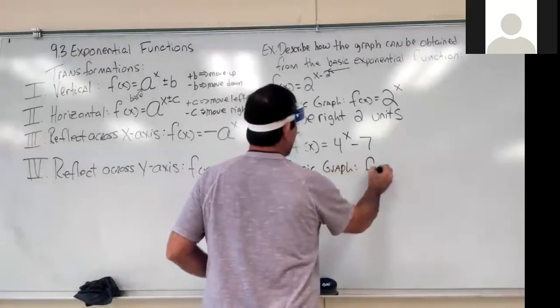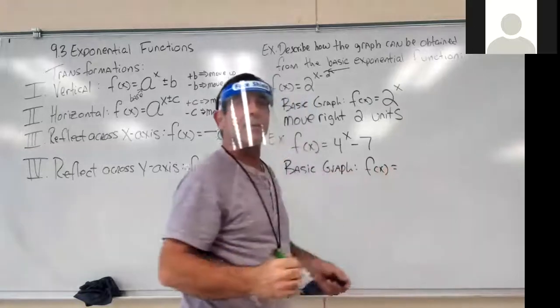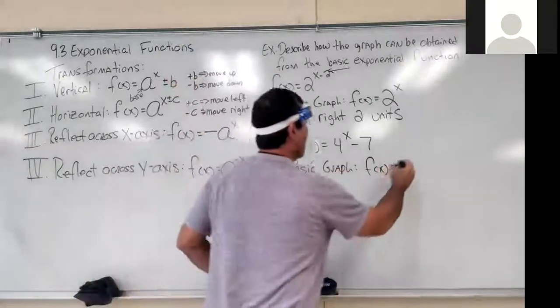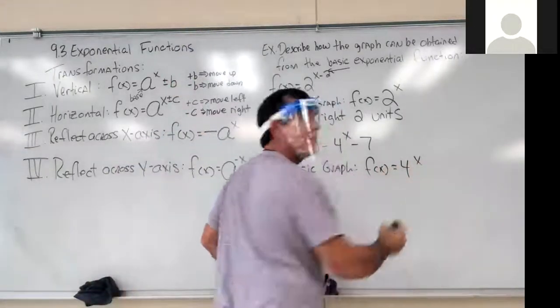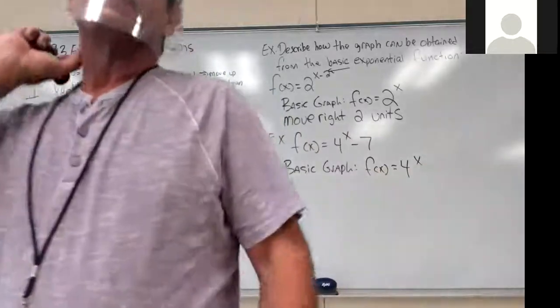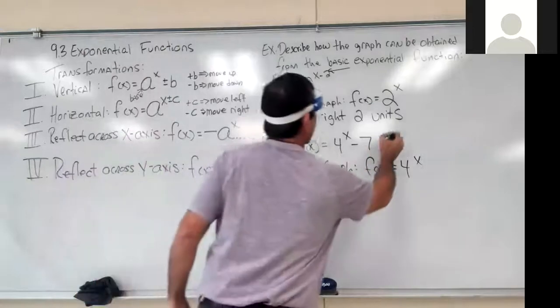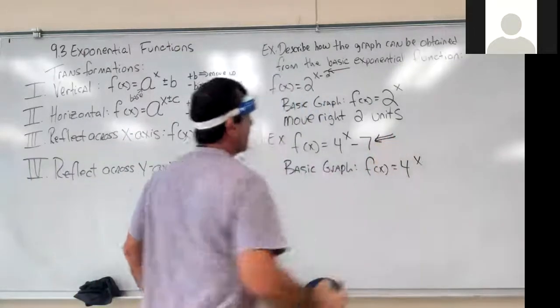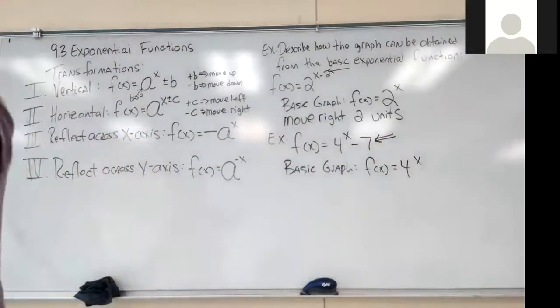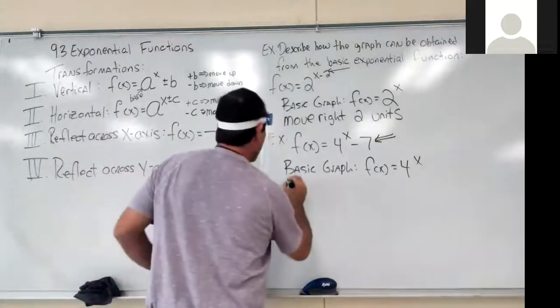And that's f of x equals 4 to the x. So I've just got one move I'm worried about, and that's this negative 7. It's going to move me down 7 units.